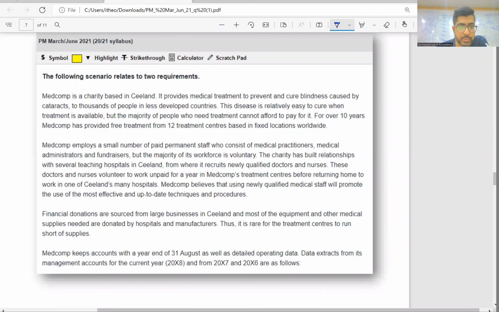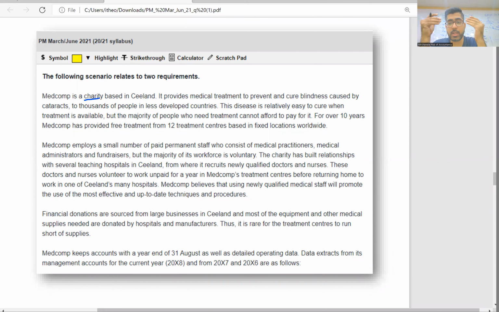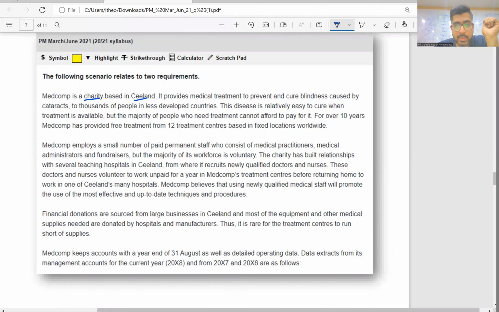This is a very important part of the question: before starting, you must know whether the question is about a commercial organization, a not-for-profit organization, or a division. So it states Medcomp is a charity, a not-for-profit organization based in Zealand. It provides medical treatment to prevent and cure blindness caused by cataracts, and thousands of people use it in less developed countries.